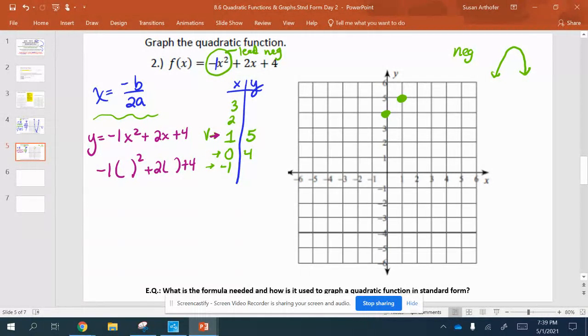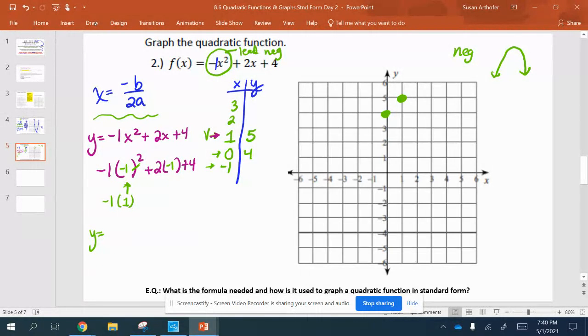The next one I'll plug in is -1. Be careful with this now. Right here, -1 squared means -1 times -1, which is a +1, times the outside -1. Be careful with that, okay? -1 times -1, that's what it means to be squared right here, right?